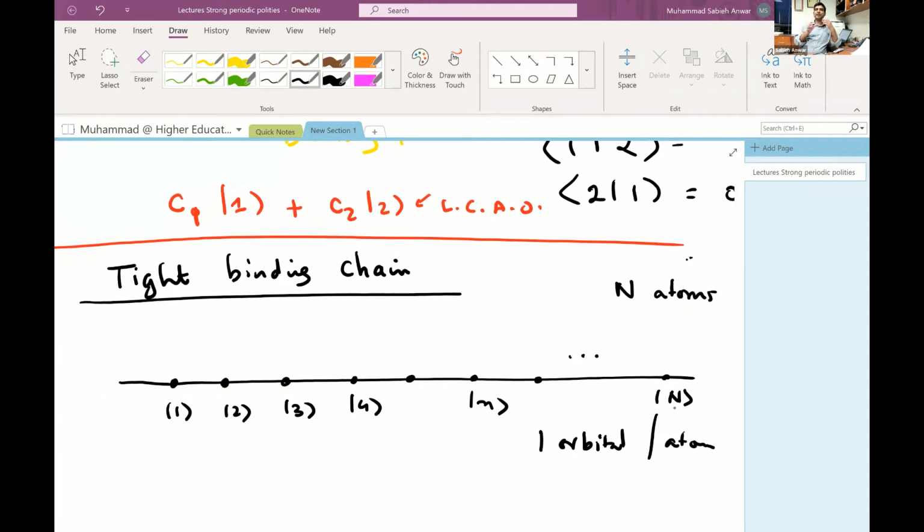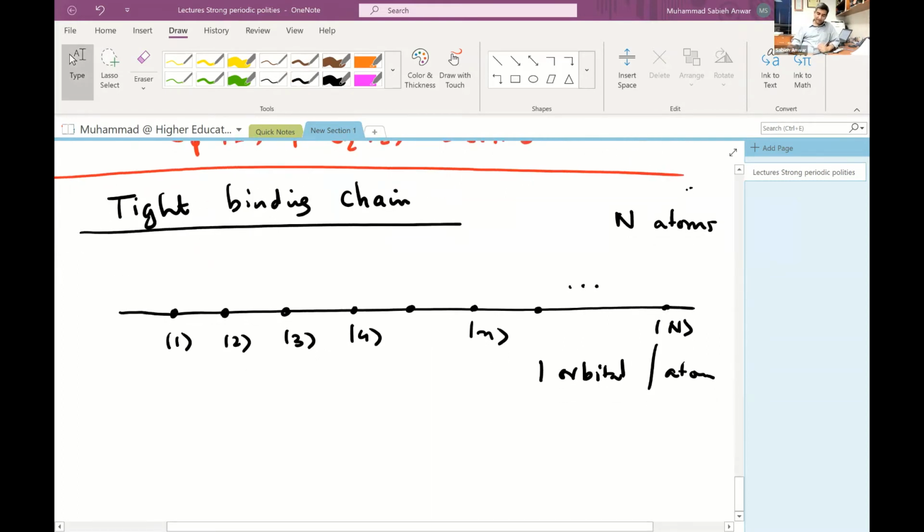So ket 3 is an electron orbital belonging to the third nucleus. Ket 7 is an electron belonging to the seventh nucleus, and so on. And we also make the assumption that if I have two orbitals, they are mutually orthonormal. All right, so this is another assumption.